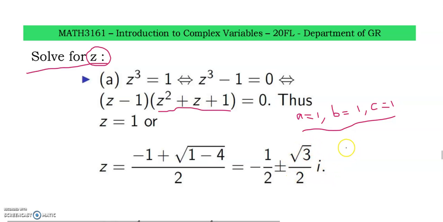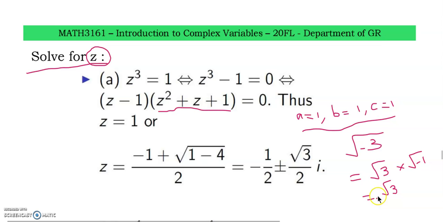How is it possible? See, square root of minus 3 is nothing but square root of 3 multiplied by square root of minus 1. What is square root of minus 1? We have seen in the first definition, i squared is equal to minus 1, so i is equal to square root of minus 1.